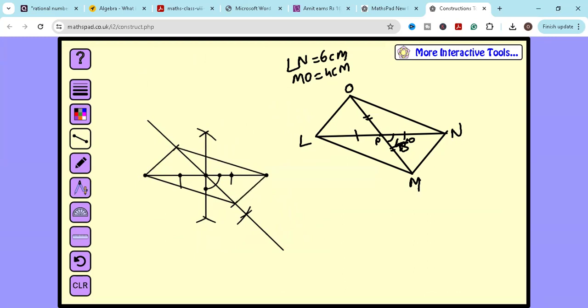Now according to the condition, we got two diagonals which are 6 cm and 4 cm respectively, and the angle between two diagonals is 45 degree. I'm very sorry, it was 45 degree. So we got LMNO. Let's say you can make a point over here as P. This is 6 cm and this is 4 cm.